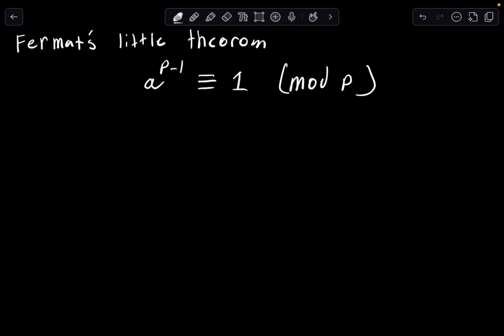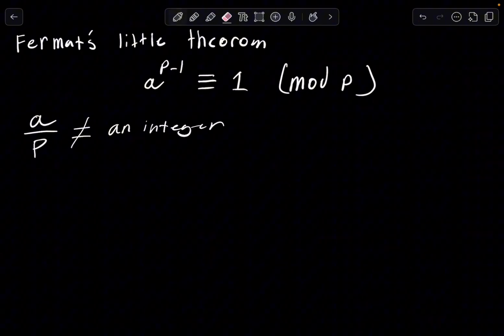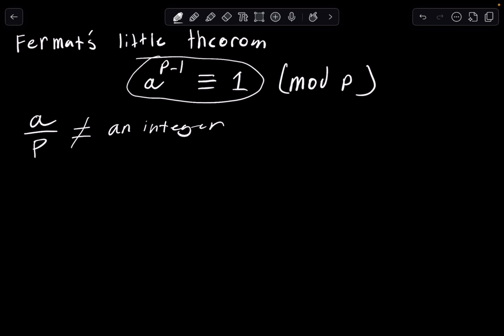Okay, so for Fermat's little theorem, what it says is that if we're in mod P, which is a prime number, and A is not divisible by P, so this does not equal an integer, then this statement here is true.